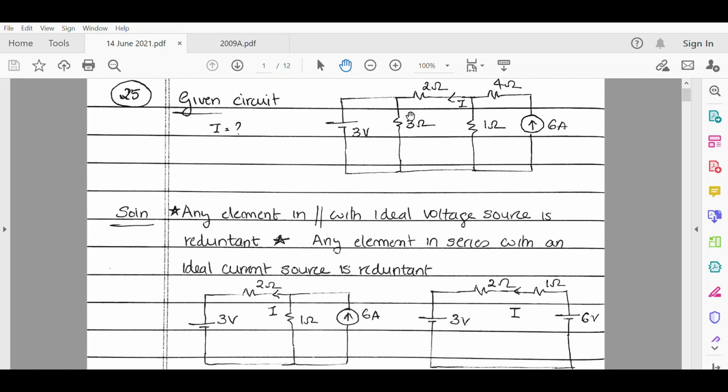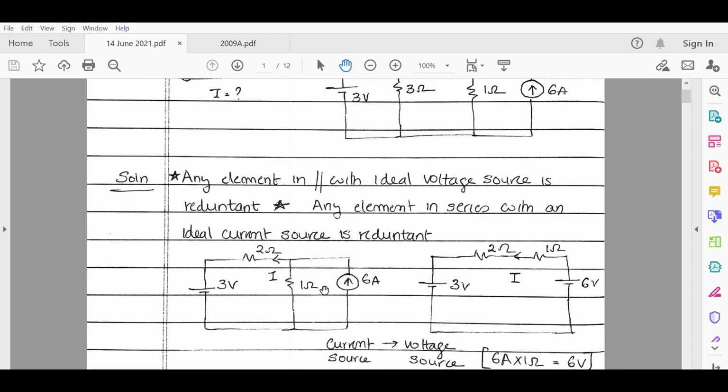This resistance of 3 ohm has been removed since it is redundant, and the series resistance of 4 ohm has been removed over here since it is also redundant. Now we can apply the concept of current source to voltage source transformation. Here we have a current source and the source impedance is in parallel with it.